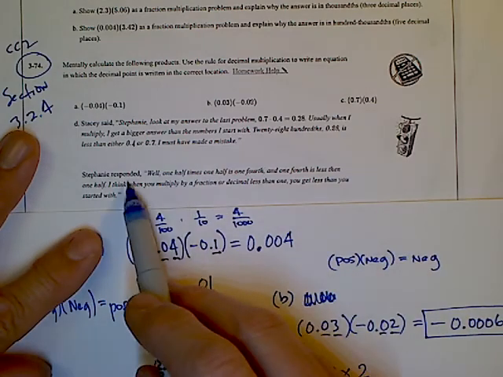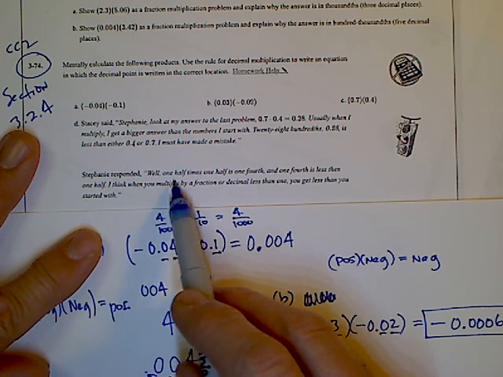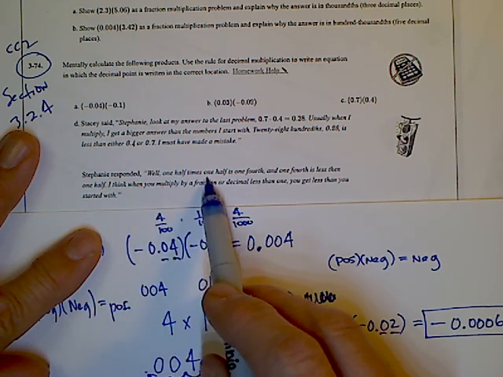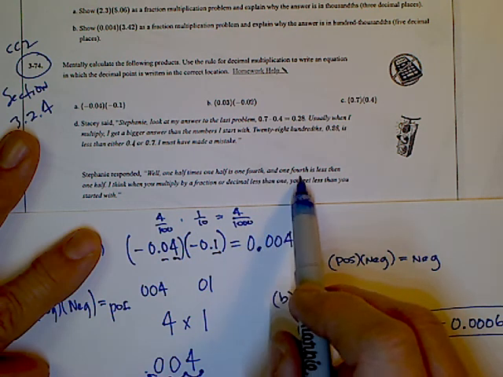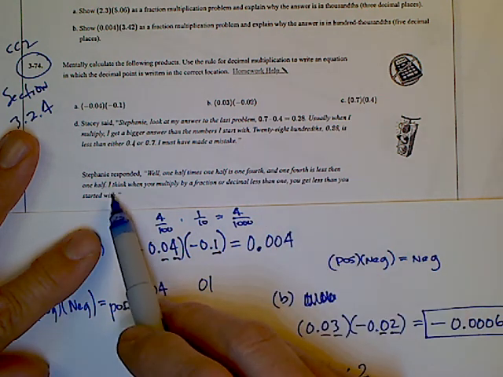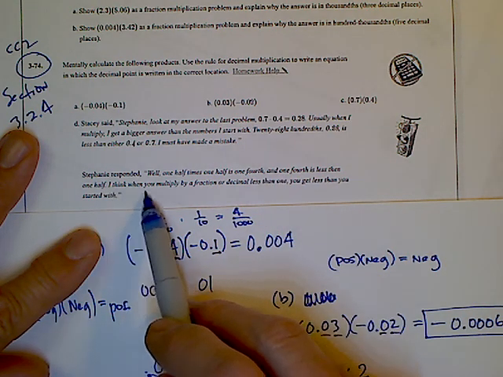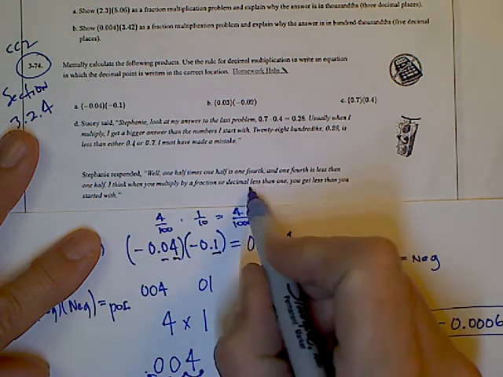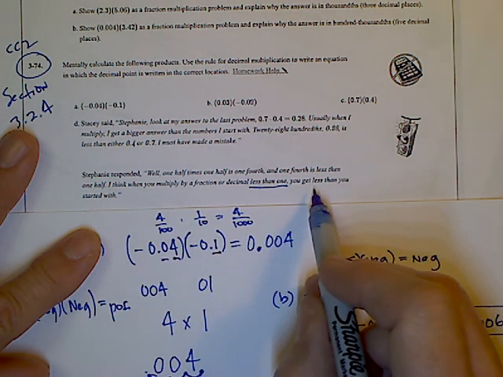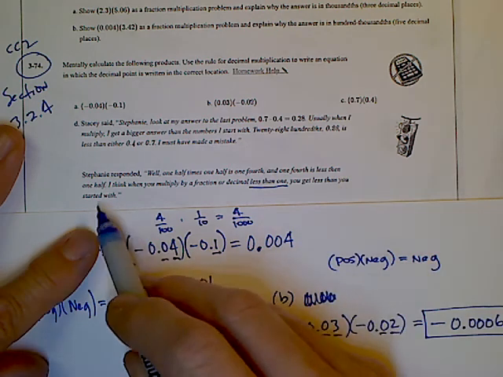So then Stephanie responded and said, well, 1/2 times 1/2 is 1/4. And 1/4 is less than 1/2. She said, I think when you multiply by a fraction or decimal less than 1, that's the key thing, less than 1, you get less than what you started with.